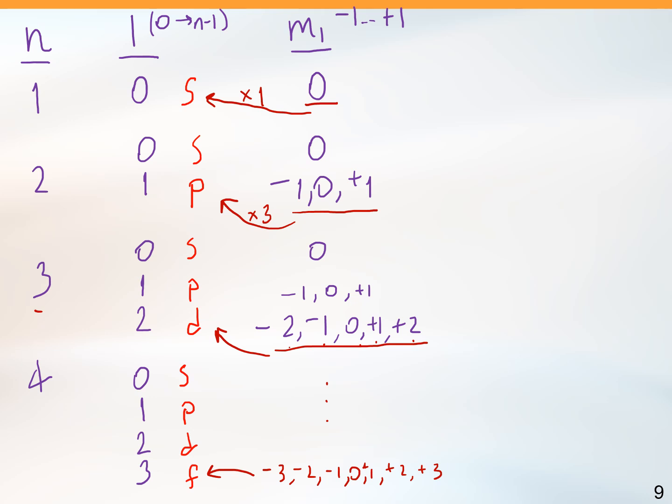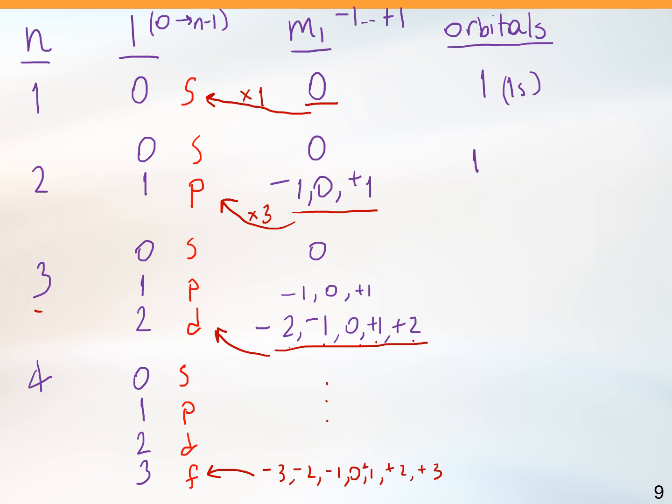So when you want to write the total number of orbitals, the spaces for electrons, in the first shell there is one orbital, and that is the 1s orbital. In the second shell there are a total of 2 different types of orbitals, s and p orbitals.